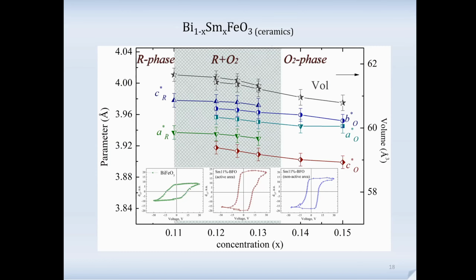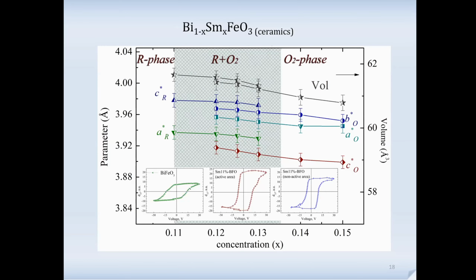When we used PFM, piezoresponse force microscopy, we can read d33. We can read several components of the piezo coefficient, but it's more interesting for us to present this vertical component, d33.